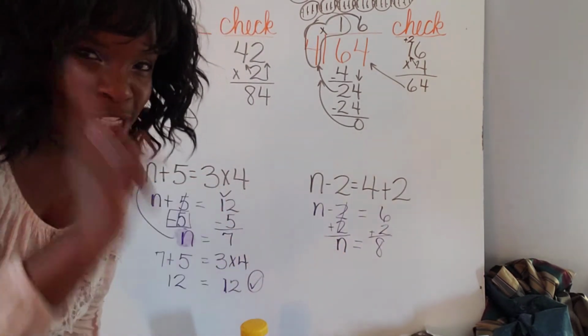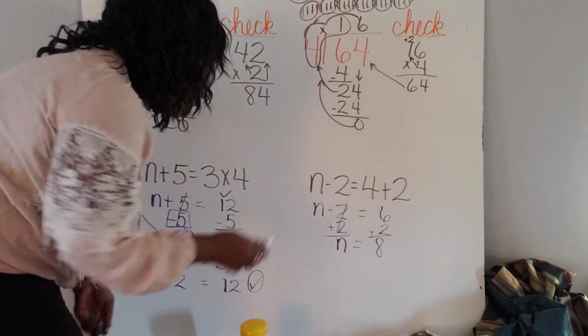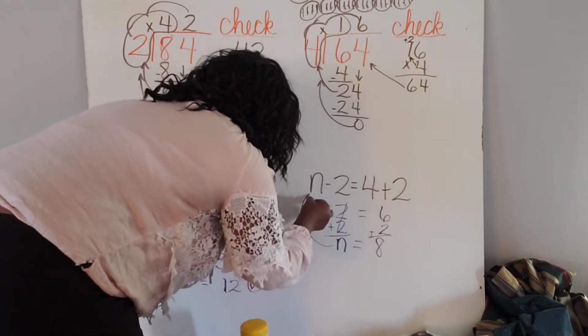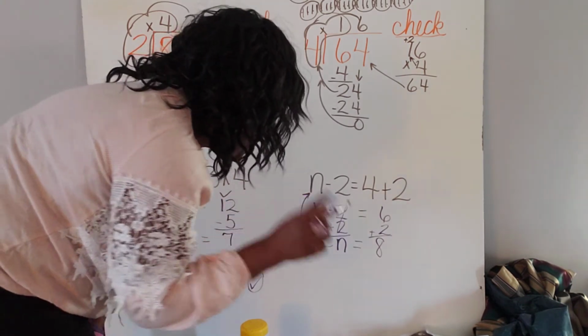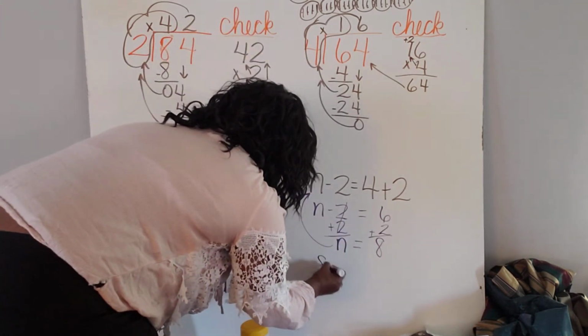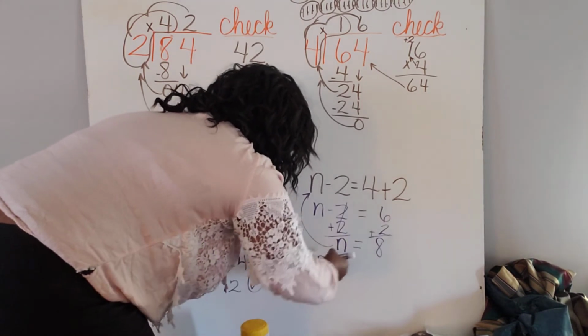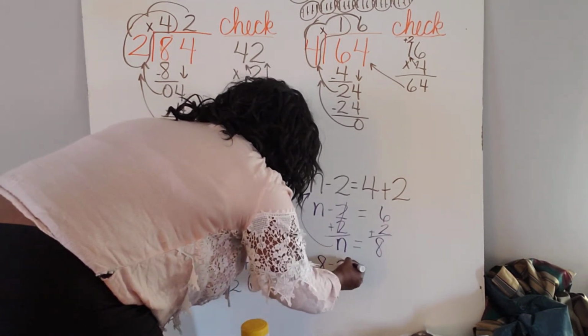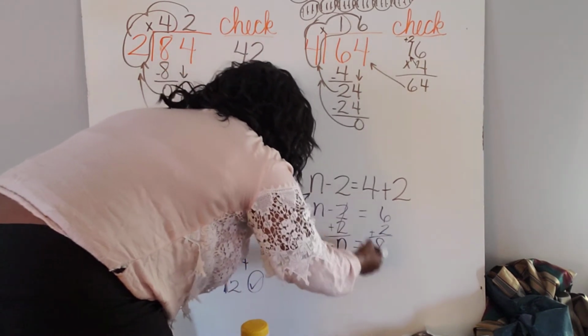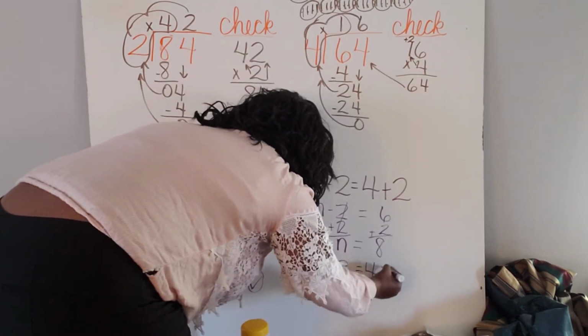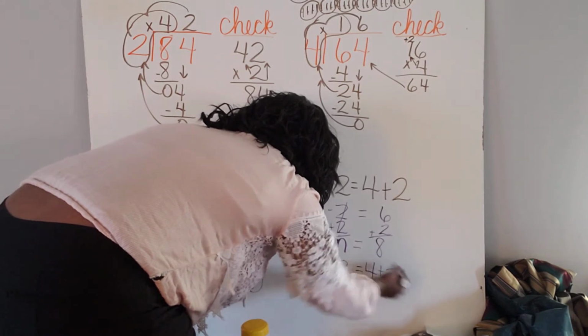But let's check to be absolutely positively sure. Let's plug it in to our problem and see if we got it right. So we put 8 in place of the n, because n is 8, minus 2 equals, plug it into the original, 4 plus 2.